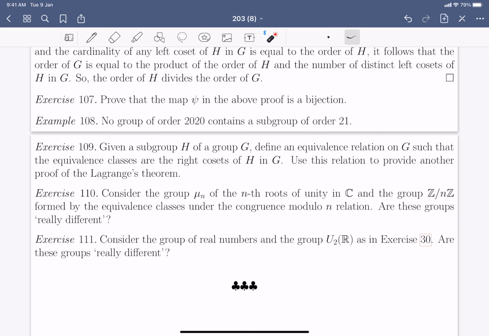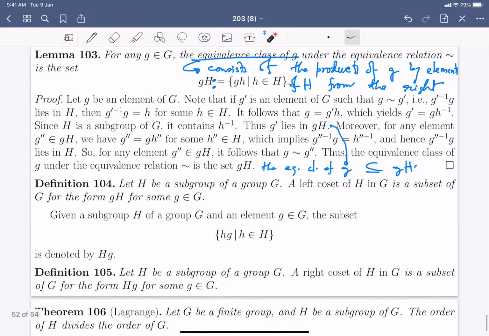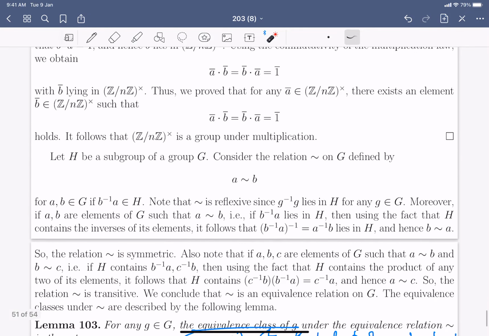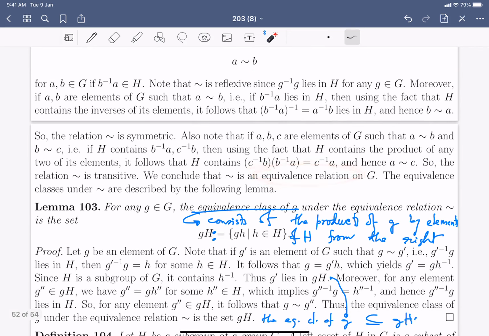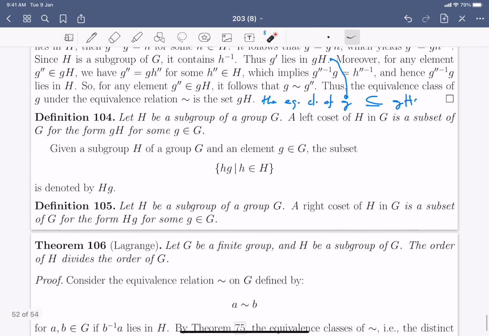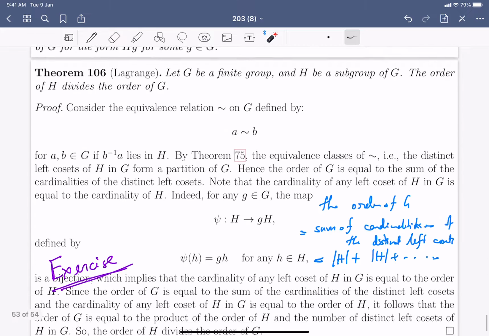Okay. So now we try to go back to what we have been doing. We earlier defined the relation, showed that it is an equivalence relation, and observed that the equivalence classes are the left cosets.